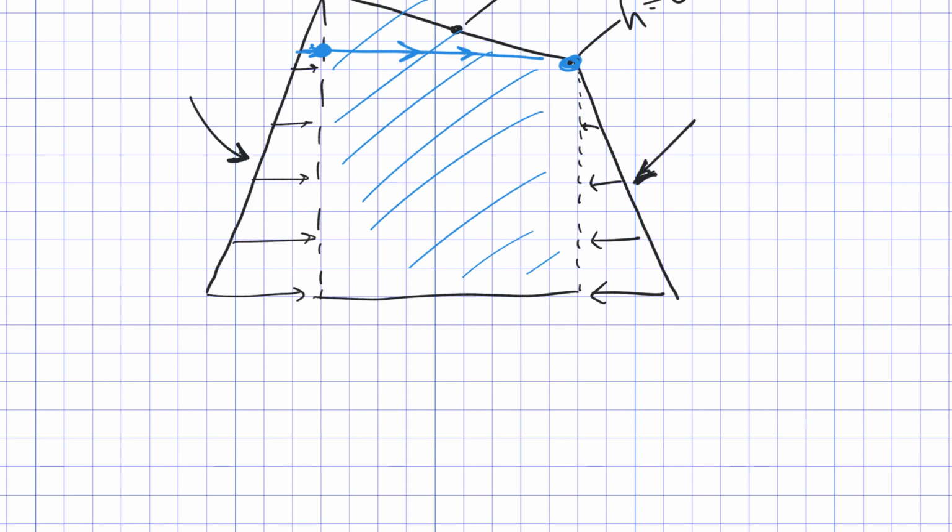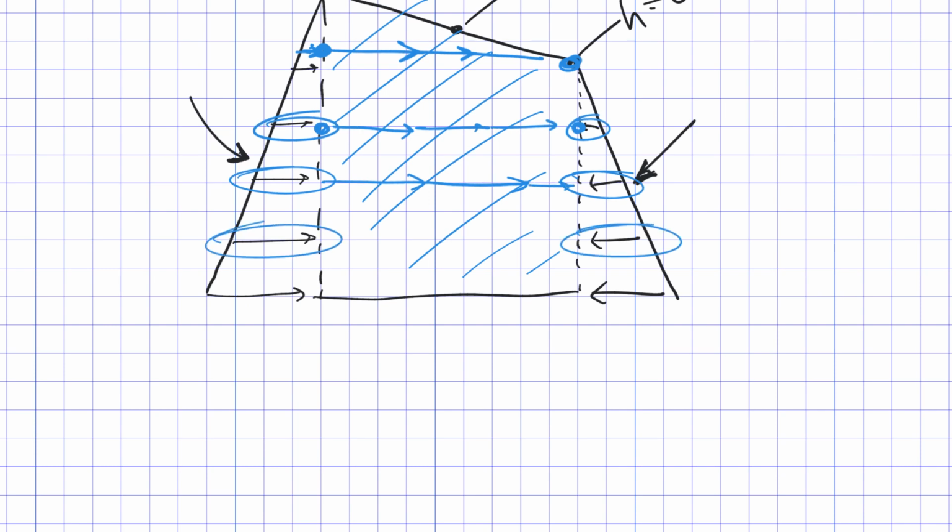Everywhere along this, if I choose a particular height and compare this arrow to that arrow, hopefully you can see that the pressure, we call this a pressure gradient, is always going to the right. And if I've drawn this to scale, it's always going to be the same difference. So everything is going to the right, and it's always the same amount.